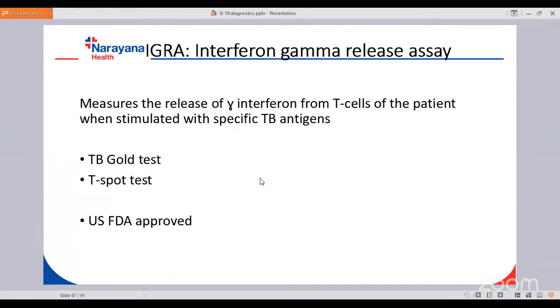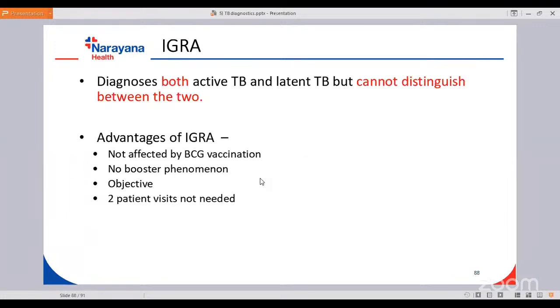You take the blood of the patient, so this test is done from the blood, and make it interact with certain antigens which mimic Mycobacterium tuberculosis antigens. Because of this simulation, the T cells of the patient will start releasing gamma interferons. It is these gamma interferons which are picked up by the TB Gold test or IGRA. It's a US FDA approved test.